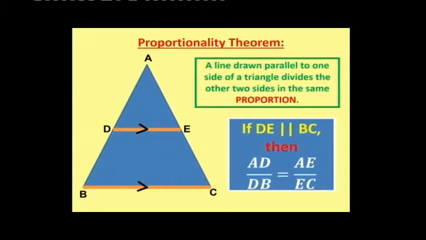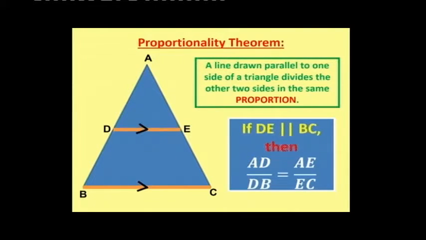Just look at what the proportion is. On the side AB, we say AD over DB will be equal to AE over EC. Grade 12s, this is so important that you need to know this proportionality theorem.